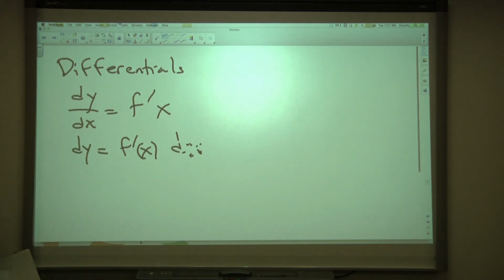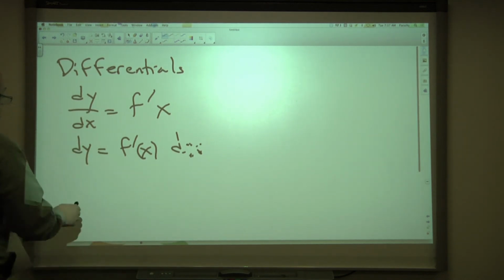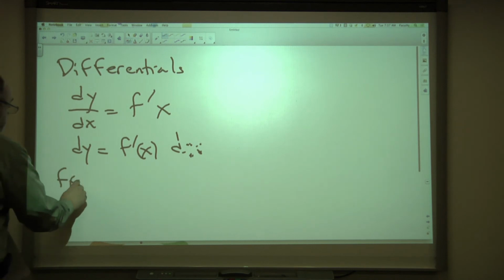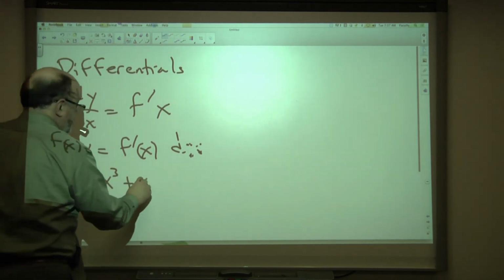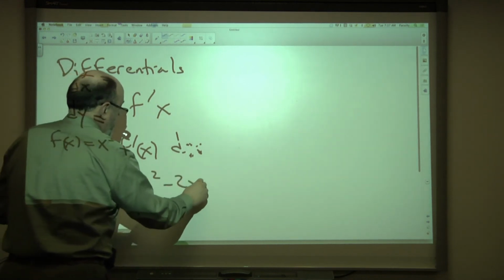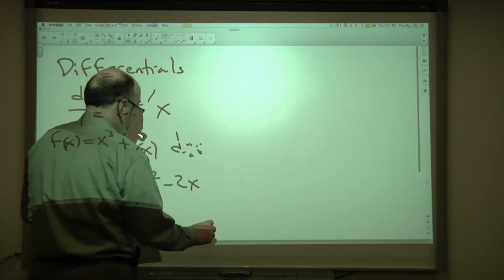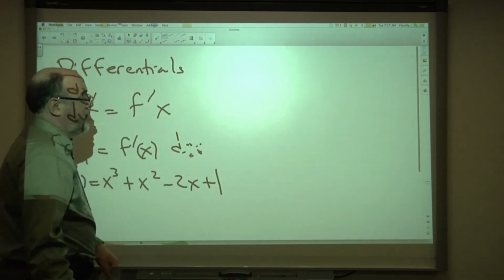So for example, if f of x is equal to x cubed plus x squared minus 2x plus 1. So we have that.